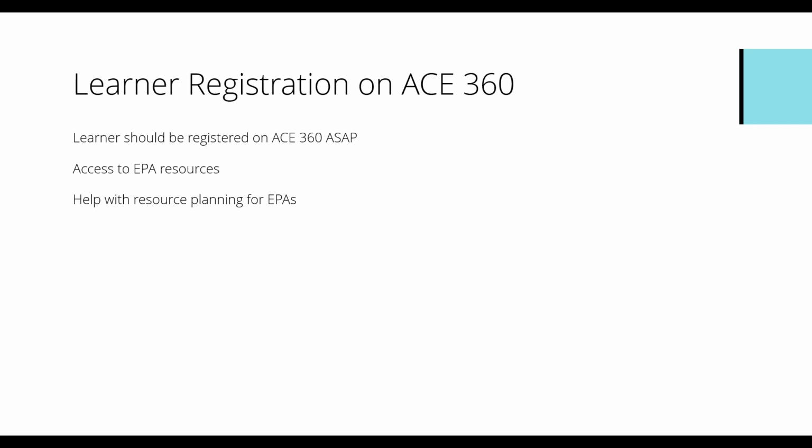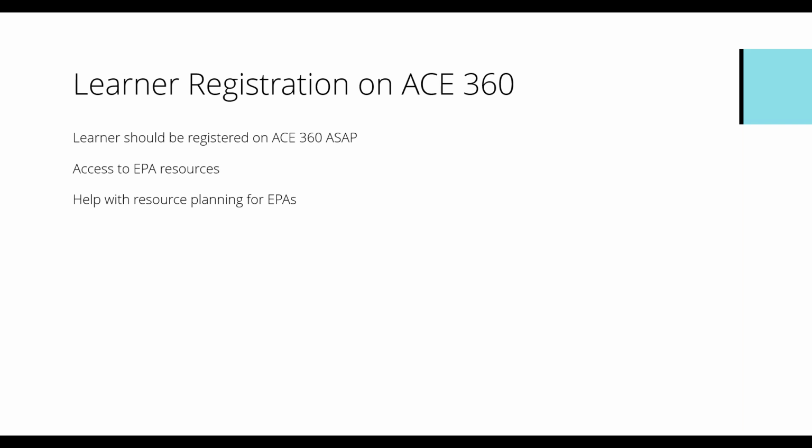So within endpoint assessment, we use a system called ACE 360. This system is not Pearson owned. However, we use it as the management information system to track and monitor all apprentices. Now, we talk about early engagement with apprentices for endpoint assessment, and the same again should happen for ACE 360.